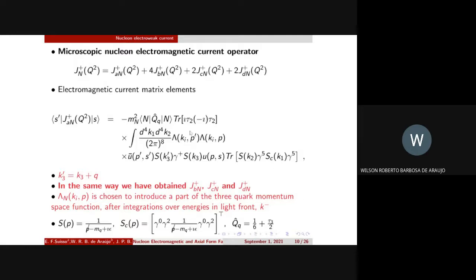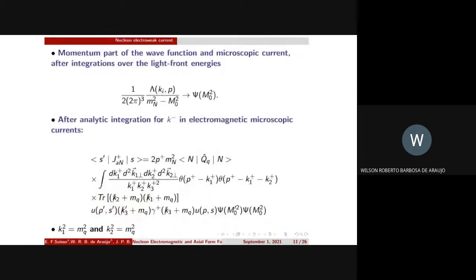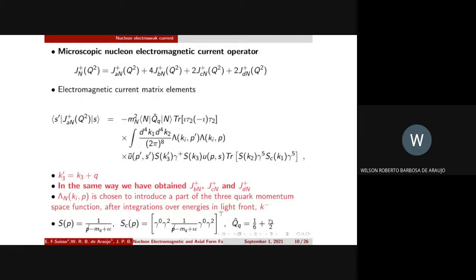Lambda here is chosen to introduce the 3-quark momentum space wave function after integration over the light front energy k minus. In this loop integral calculation, S_F is the final propagator, S_F conjugate is the conjugate final propagator, and Q is the charge operator.